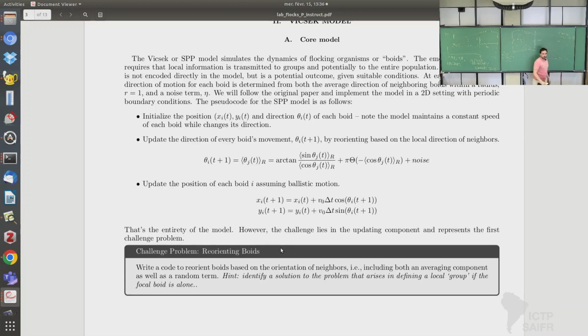So you have a list with the x's, the y's, and the thetas. And these are all of the birds in your system. Given this list, you need to write a function that does the reorientation of the birds.